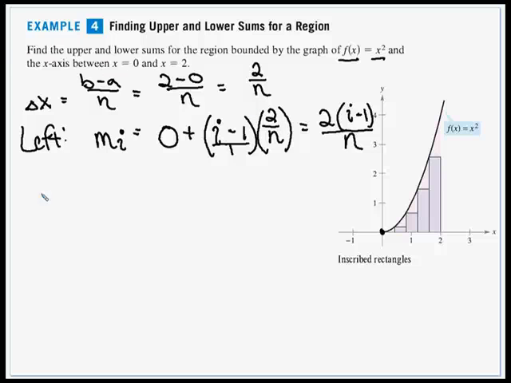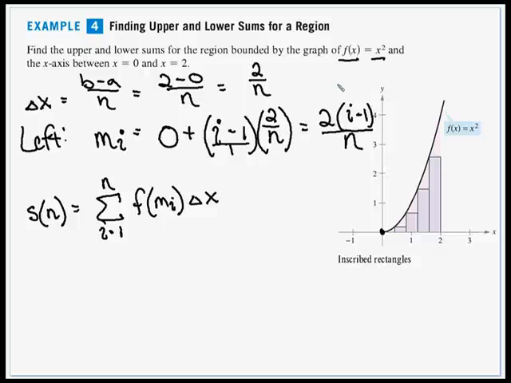So s sub n, our area, our lower sum underneath the curve, is going to be the summation from i equals 1 to n, whatever n value we choose, of f of m sub i times the width of the rectangle delta x.